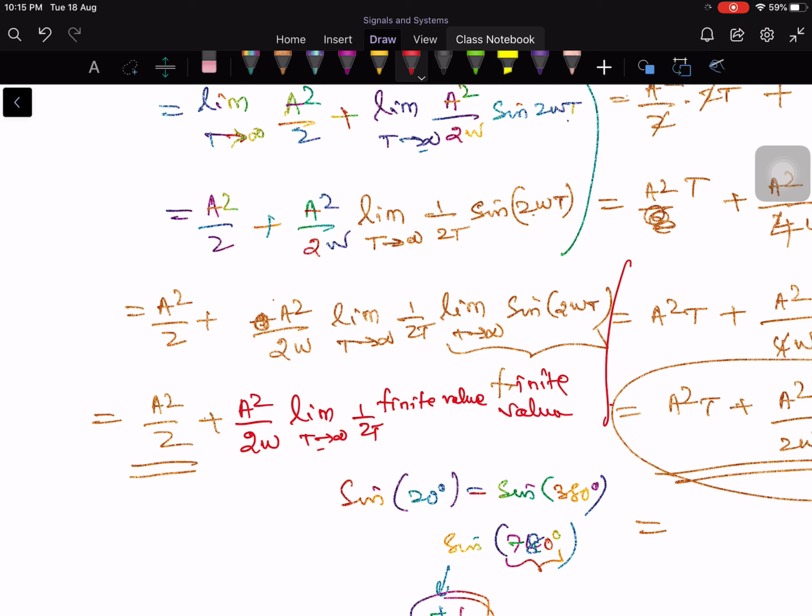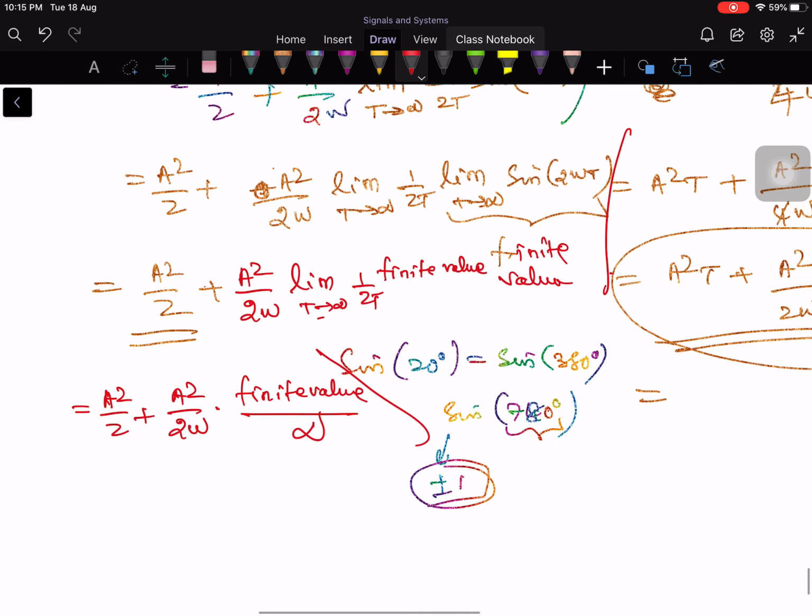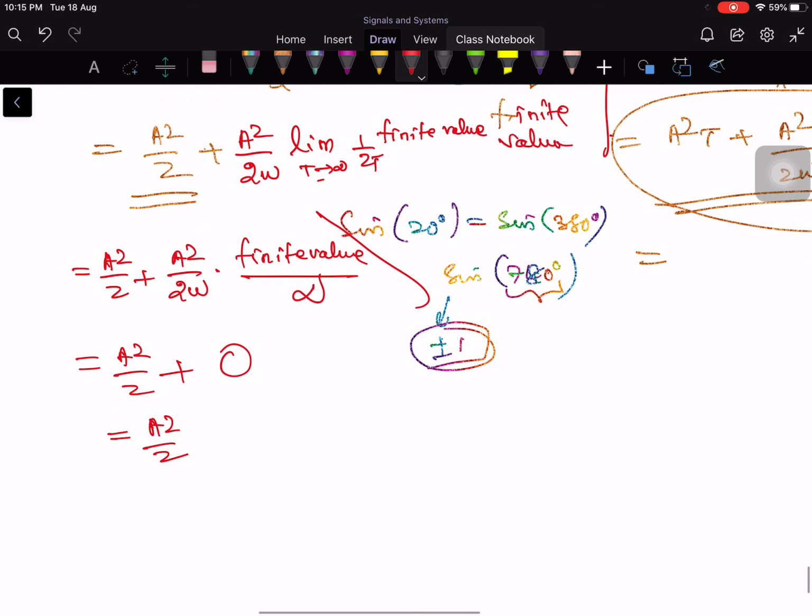So when t goes to infinity, then what happens? A square by 2 plus a square by 2 omega times finite value by infinity. Finite value by infinity becomes 0. Therefore this is a square by 2 plus 0, so a square by 2.